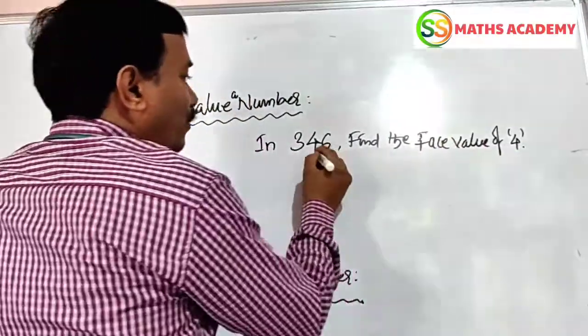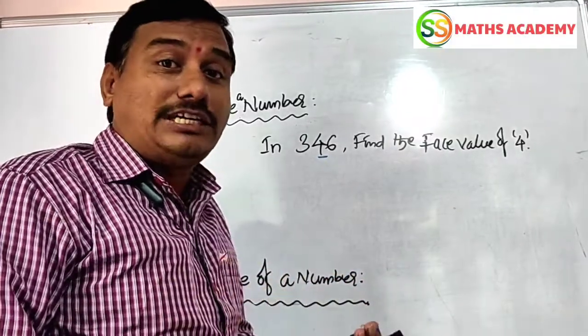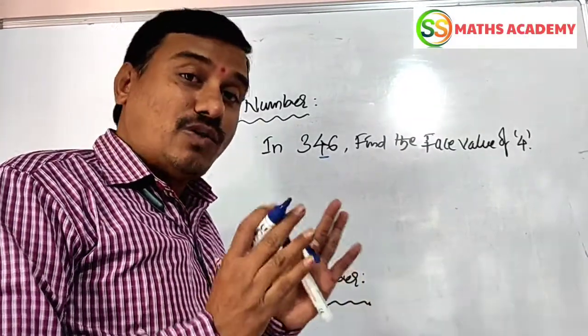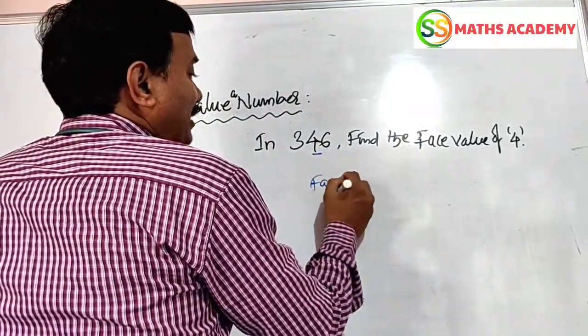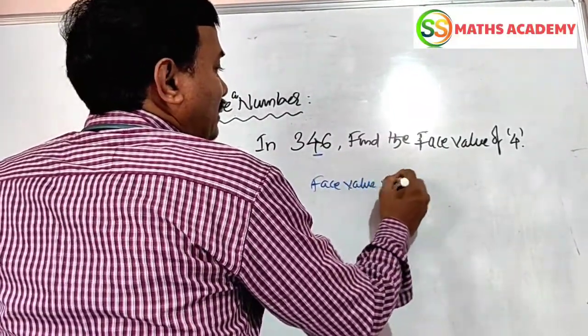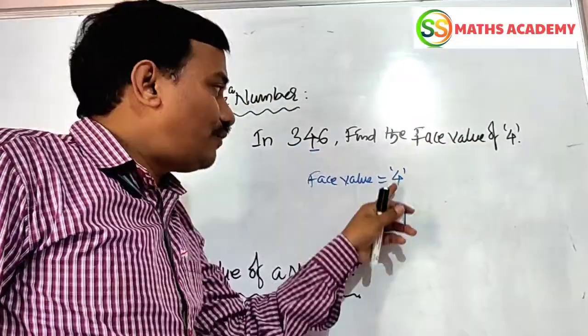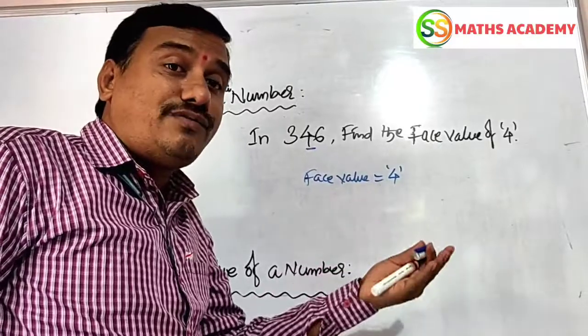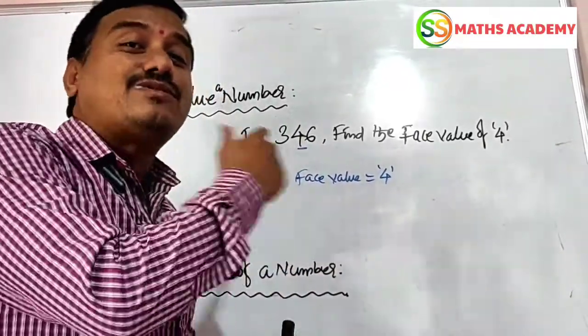Here, actually, it is in the tens position, but don't take the place value. Whatever number is given, that number should be represented. So the face value of 4 is 4 only. I did not write 40 here because it is irrespective of place value.